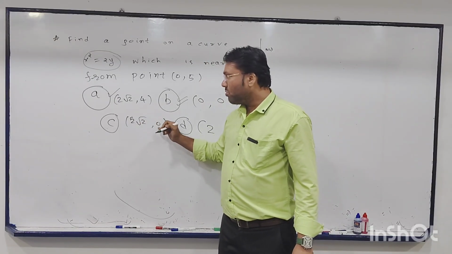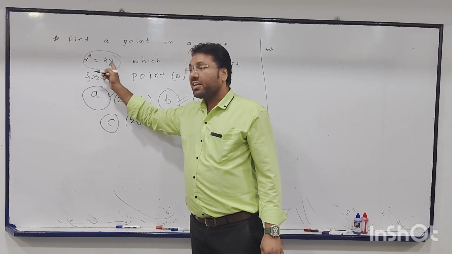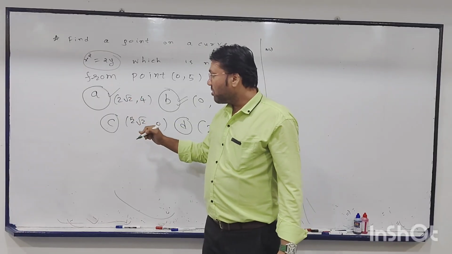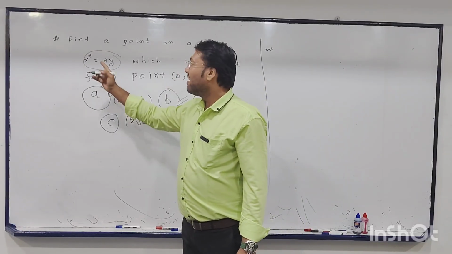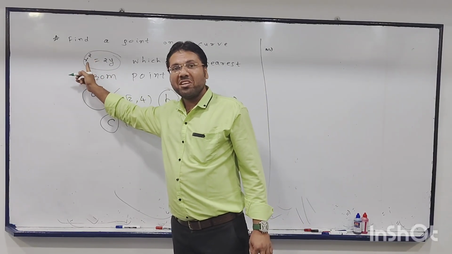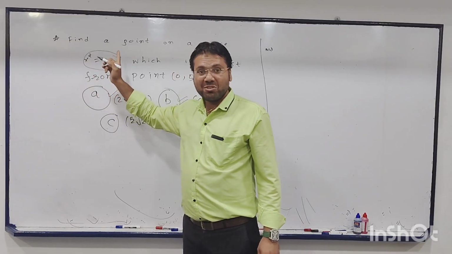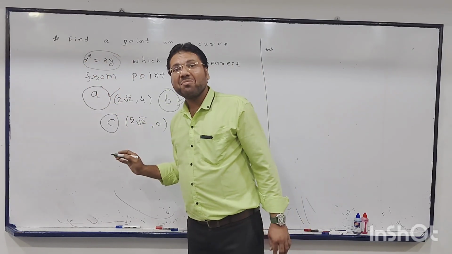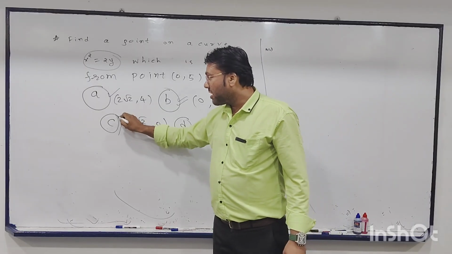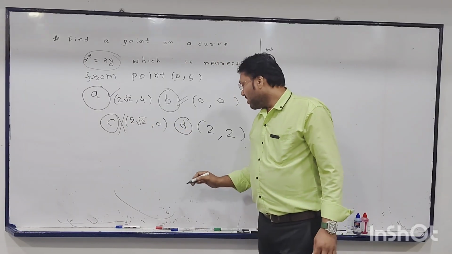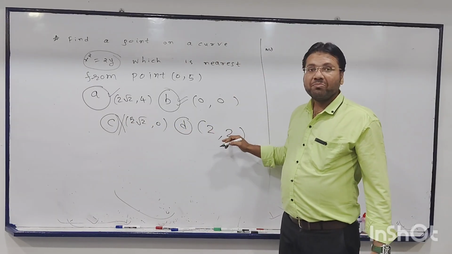Now see, (2 root 2, 0) is not satisfying this equation, because if you substitute x equal to 2 root 2 and y equal to 0, LHS is not equal to RHS, friends. Right? So this option can't be true. Now (2, 2).